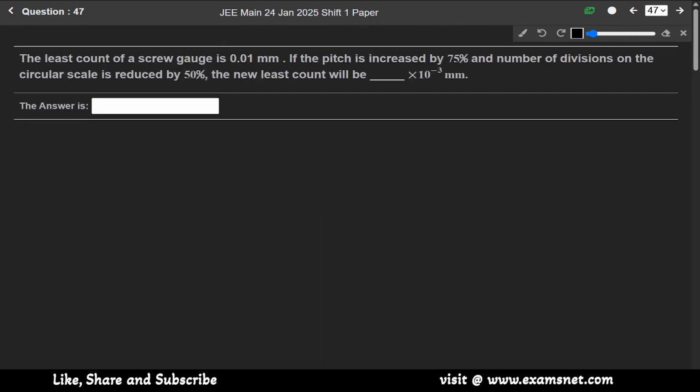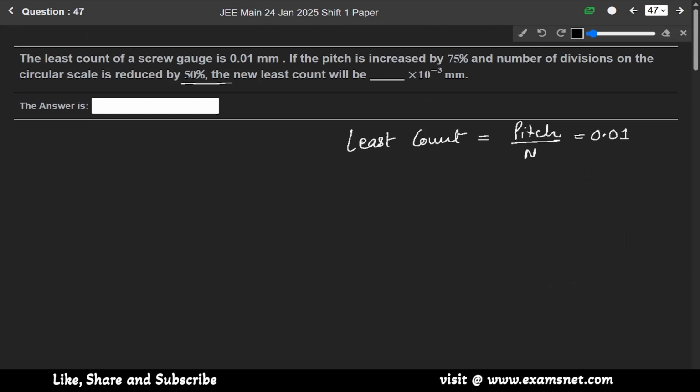Now next question 47. The least count of a screw gauge is 0.01 millimeter. If the pitch is increased by 75% and the number of divisions on the circular scale is reduced by 50%, then find the new least count. We know that the least count of a screw gauge is equal to pitch over number of divisions, and according to the question it is 0.01 millimeter.